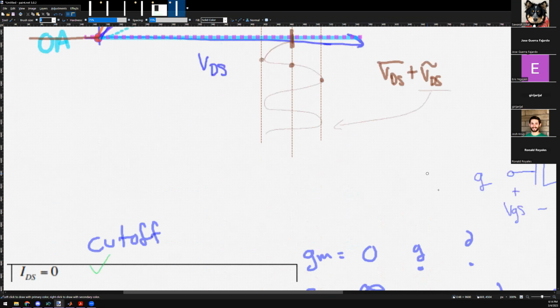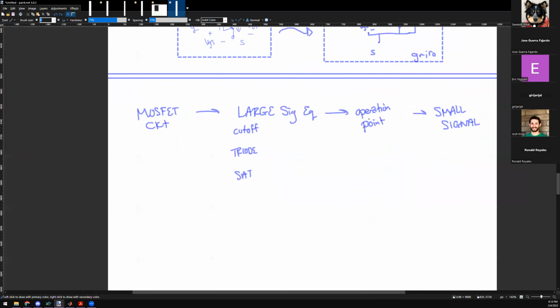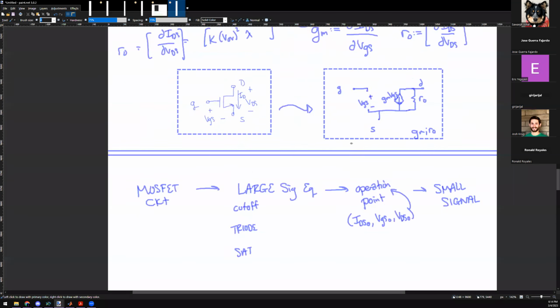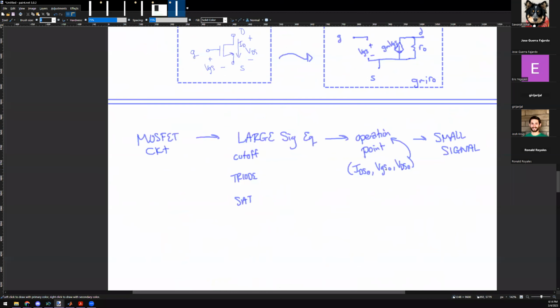I need my IDS naught, VDS naught, and VGS naught. The operation point is defined by all three of these. This is the point at which my circuit is operating, and then I'm going to put a perturbation around it. Does this make sense? Yes.